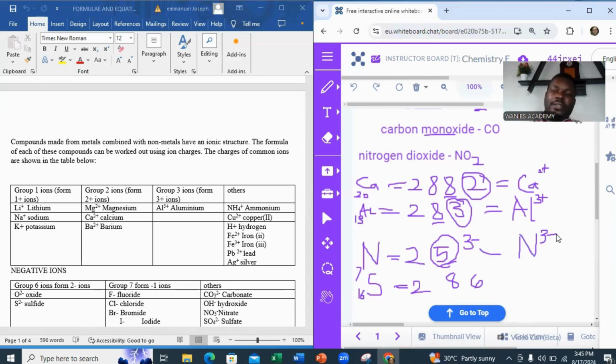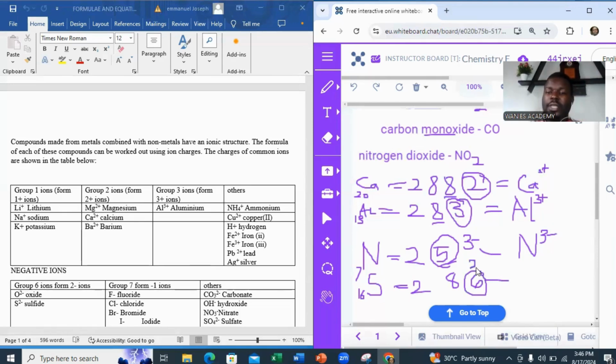So if you check group 5, you have the main element there, we have nitrogen, we have phosphorus. So phosphorus too will be 3 minus. That is the implication. Okay, and then for group 6, here for sulfur ends at 6. That means it's short of 2 electrons to make it up to 8, where it can achieve stability.